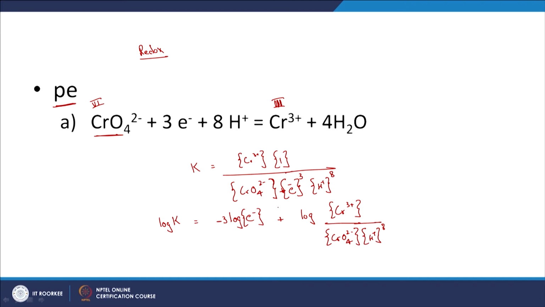Let us see if we have the right equations here. So, log K, I take the logarithm. I am taking the electron term out, and obviously it is in the denominator, thus the negative here and 3. So looks like I am on the right track.